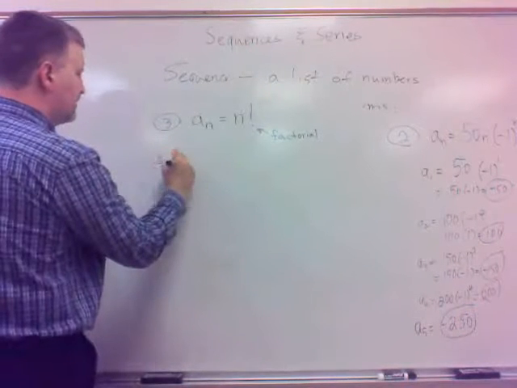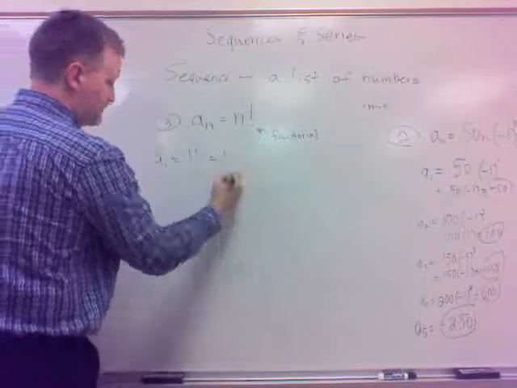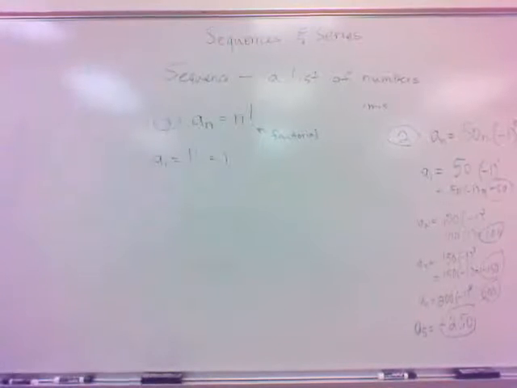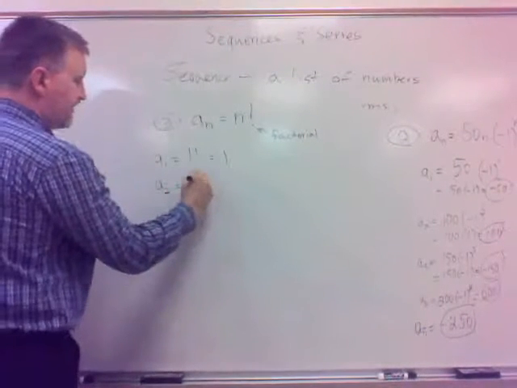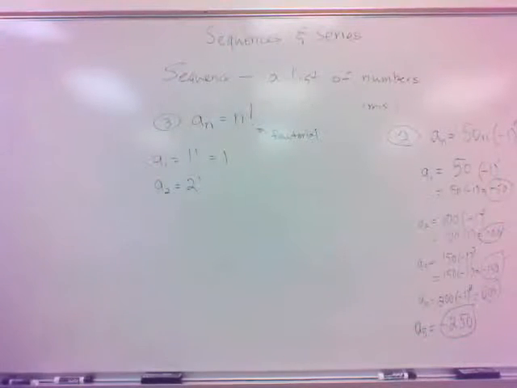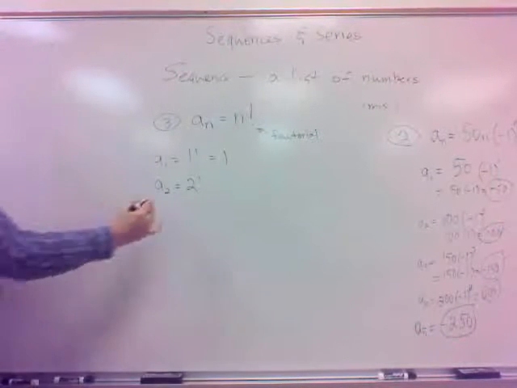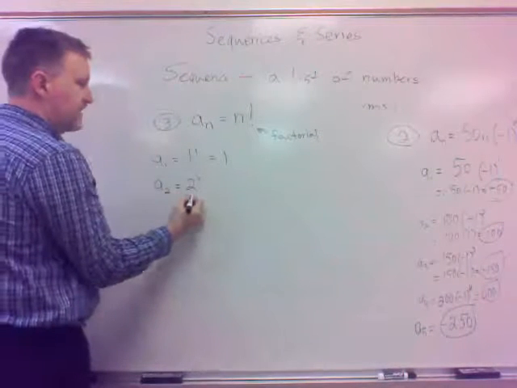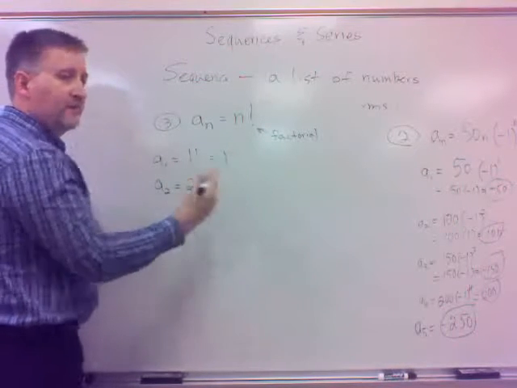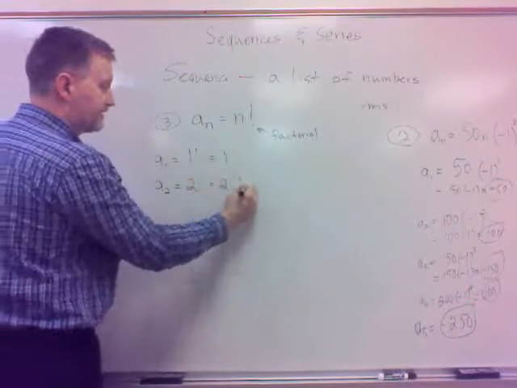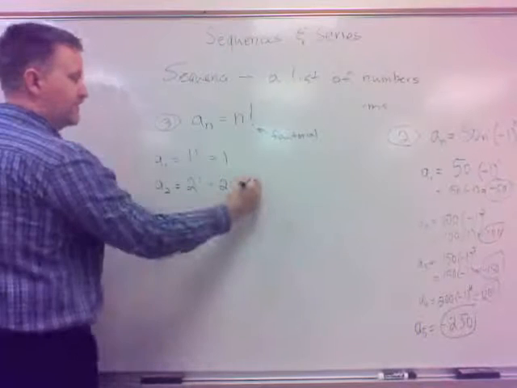A sub 1 is 1 factorial, which there's not much exciting about that. It's just 1. A sub 2 is 2 factorial, and let me explain what it means. What the factorial means is, I call it the countdown product. You start at this number and count down to 1, which this one's not real exciting either. It's just 2 times 1, which is 2.